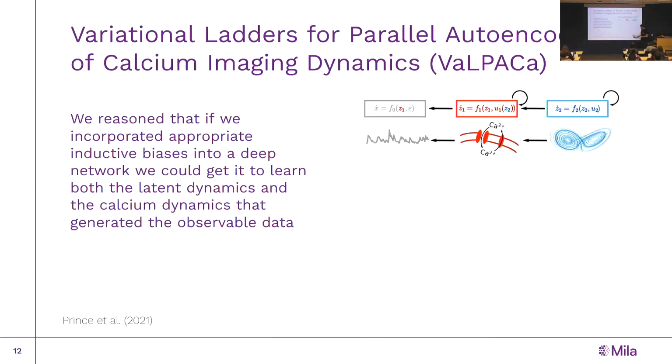Now, LFADS had been designed for spiking. So we thought, well, how can we modify this to make it appropriate for calcium imaging? And the way that we approached this is we reasoned that this was really a hierarchical dynamics situation. That's what we were dealing with.